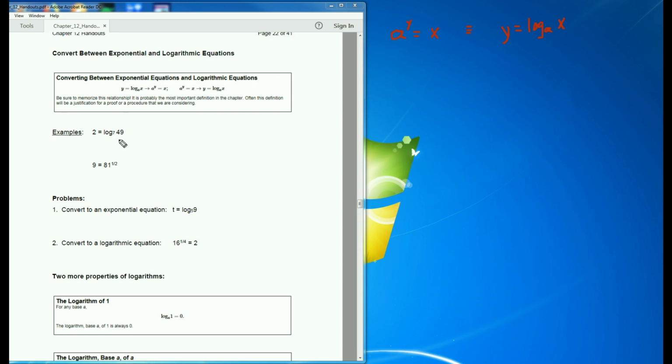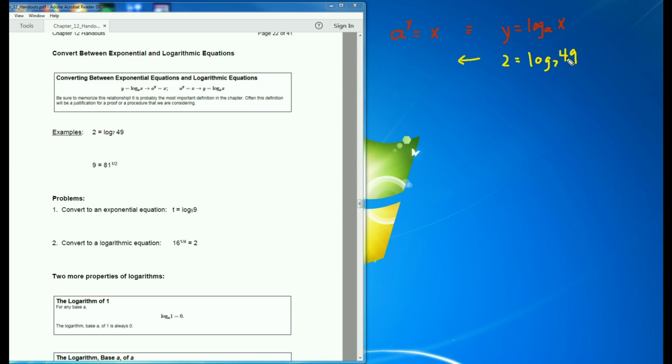So, for example, let's start with this one: 2 equals log base 7 of 49. That is obviously a logarithmic equation. We want to convert that to an exponential equation. So let's take this and put it over here. What we have is 2 equals log base 7 of 49. We want to switch it to an exponential equation.